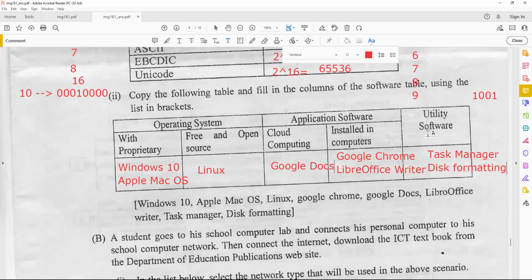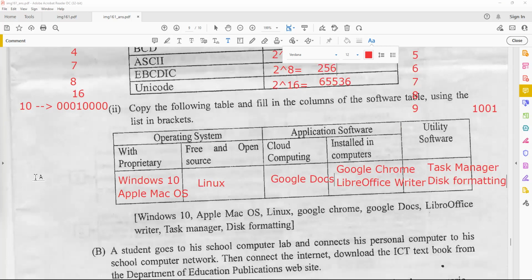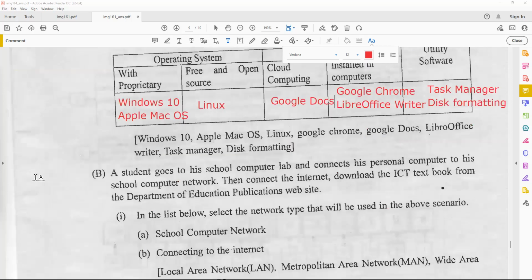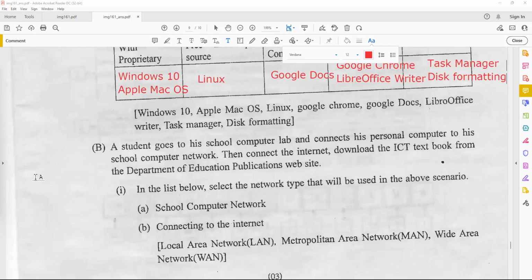Right. So these are the utility software which you can think of as utility software. Okay, so I think now we have completed question number 3, part A. So let's move on to part B then. Right. Can you send me the answers first?